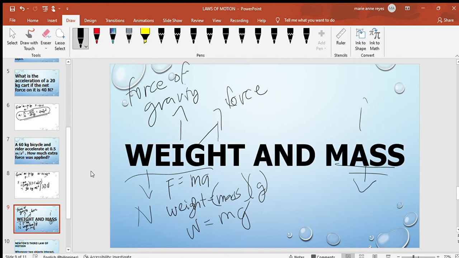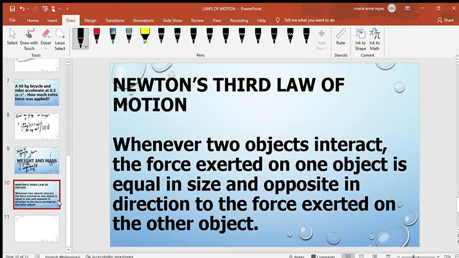Now, since natakal na natin si weight and mass natin, we will proceed now to Newton's third law of motion. So, your Newton's first law of motion states that an object retains its state of motion when the net force is zero, right? So, the second law states naman what happens when the net force is not zero, describing how an object with a known mass moves when a given force is applied.